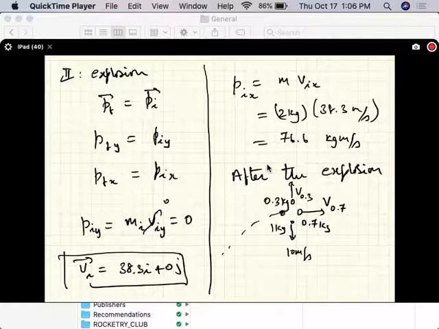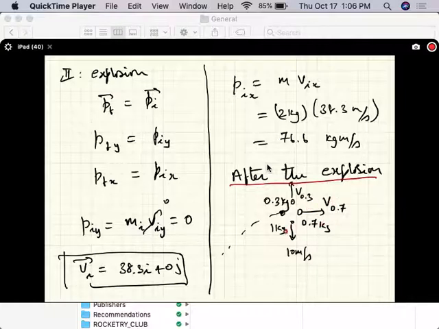Okay, so this is after the explosion. All right, now let's do some calculations. Since the other two pieces have no x component of velocity, only this piece has x component of momentum.